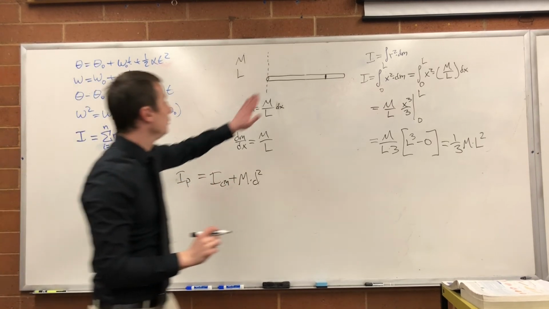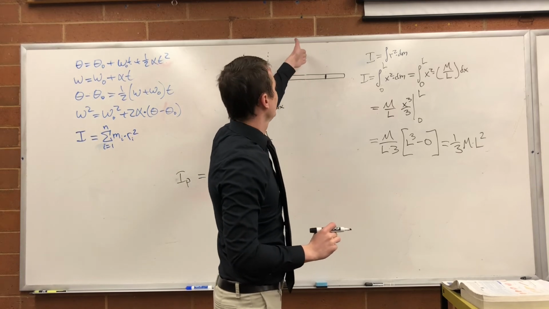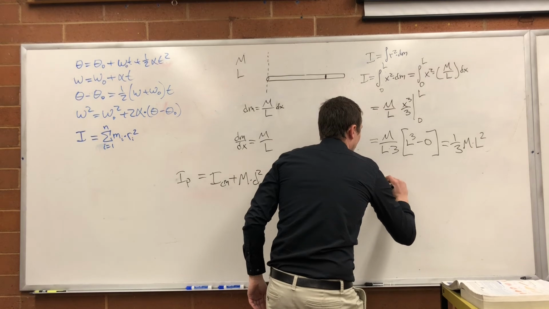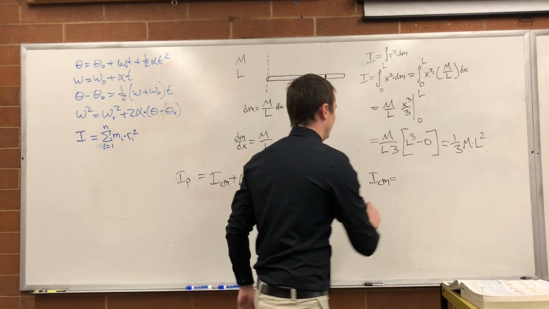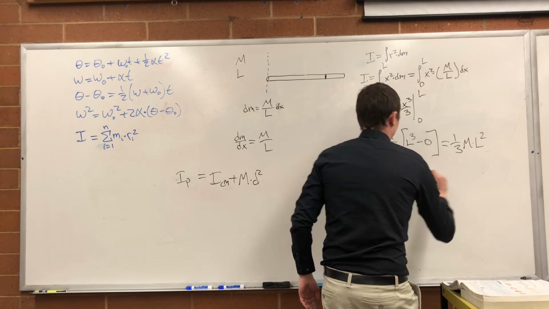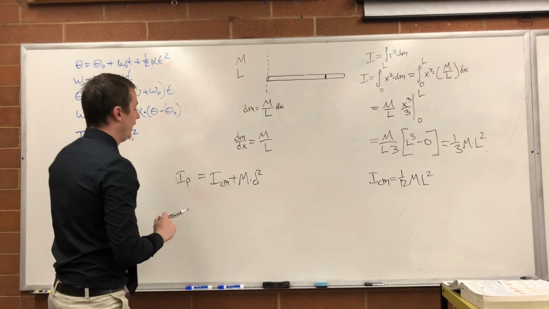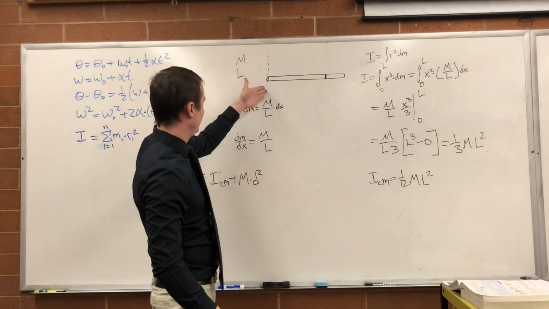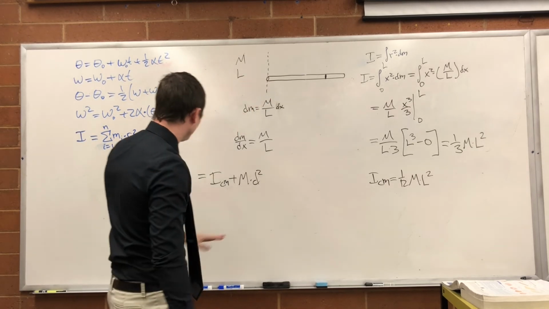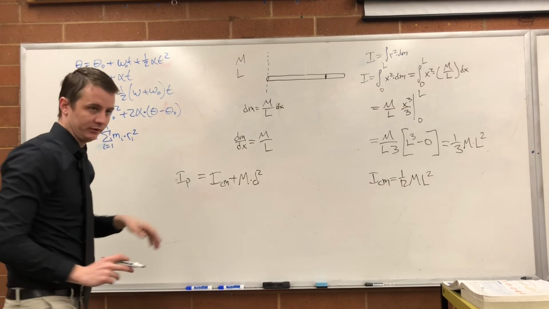Okay, so the problem before, when the axis was right here through the center of mass, we got 1/12 the mass times L squared, right? Yeah. Now, for this axis right here, that's the moment of inertia through this point P. So now we'll use this equation to come up with that same number once again.